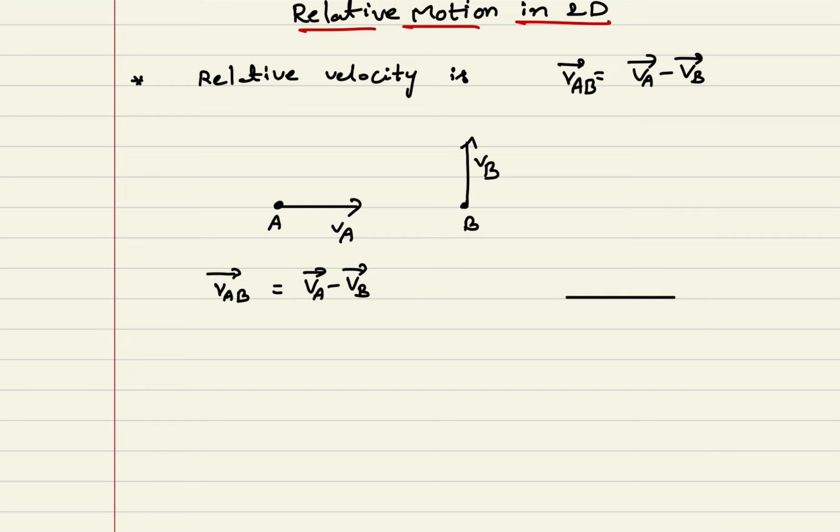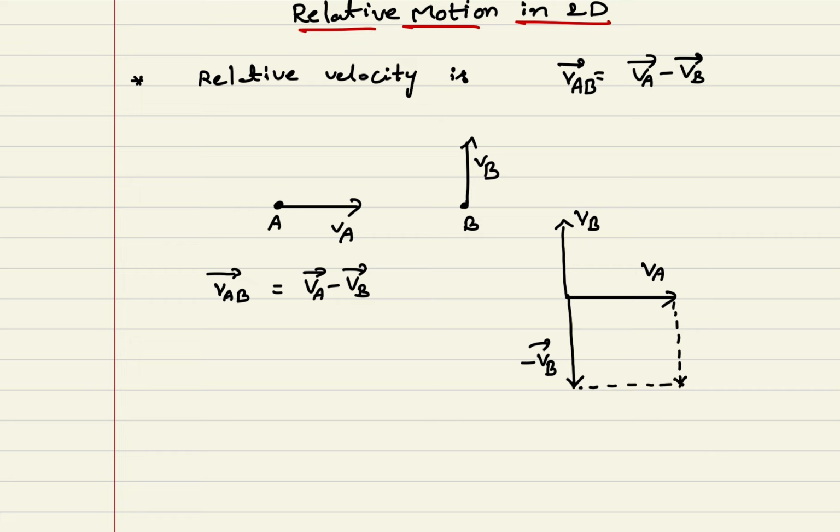Now you can see VA bar is in the right direction. VB bar is in the upward direction. But we don't want VB bar, we want minus VB bar. I have written minus VB bar.